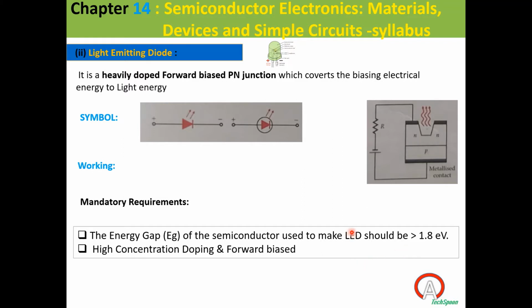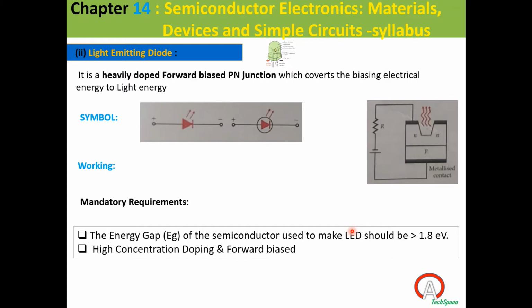That is the main thing, right? When we make a semiconductor or PN junction, N type or P type, it is an extrinsic semiconductor. For making an extrinsic semiconductor, N type or P type, we need to add impurities, pentavalent or trivalent. That process is called doping. High concentration doping means the amount of impurity addition should be high.